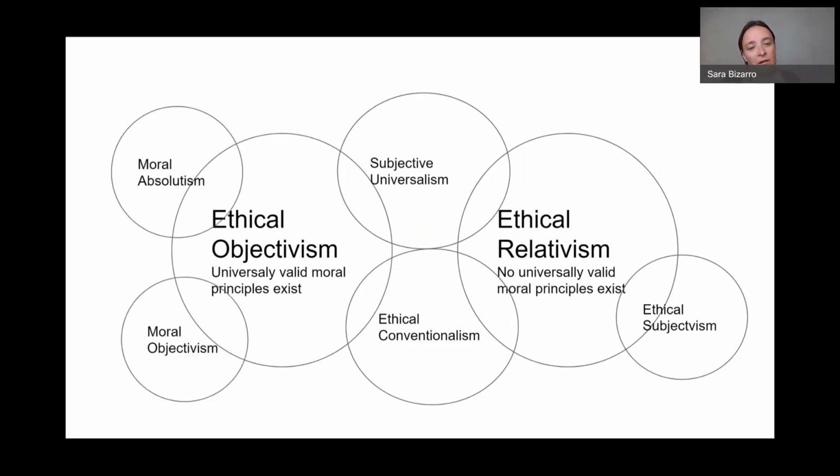All right, on the objectivism side, he makes a really interesting distinction between moral absolutism and moral objectivism. Moral absolutism would be like, say, for instance, a religion that has very strict rules like the Ten Commandments or something like that, that you can never break no matter what. And those commandments are compatible with each other.